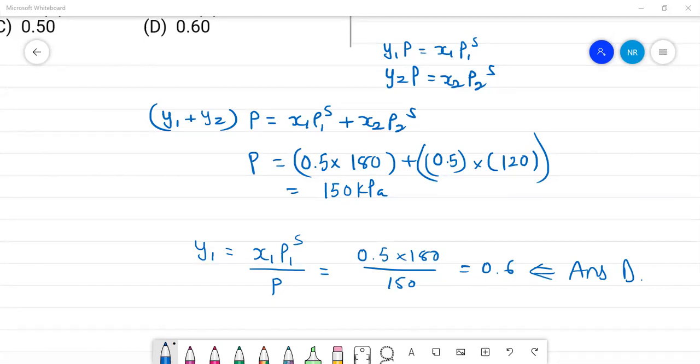Let's calculate the last example. Then we stop here.